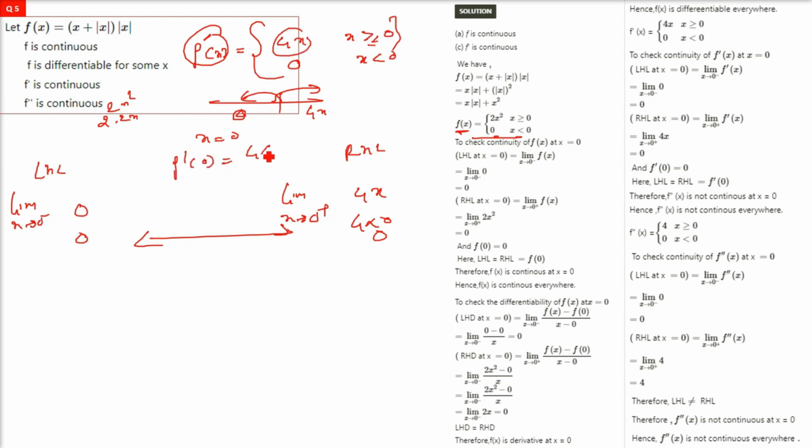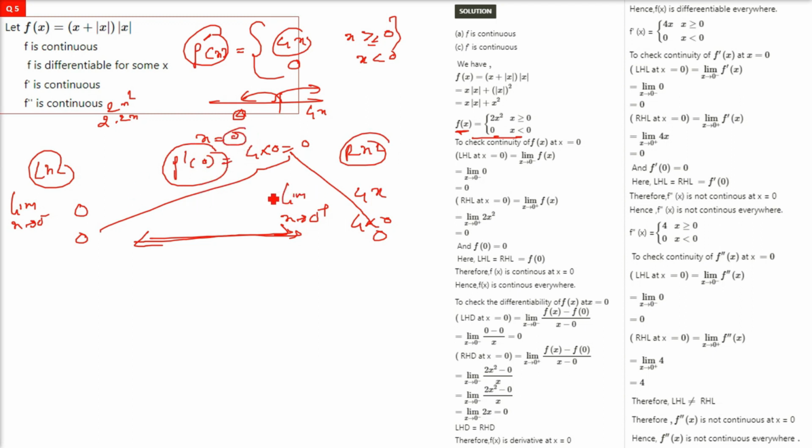F dash 0 also will be 4 into 0, that is going to be 0. So all these values, the left hand limit and right hand limit and the value of the function at 0 for the f dash x, or the derivative of this function fx, all the three things are coming the same. So they are differentiable. When it is differentiable, it is continuous only.